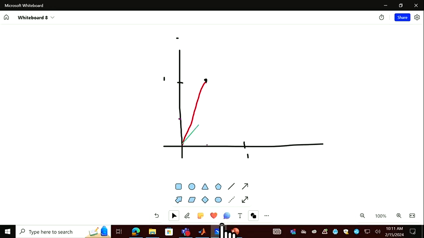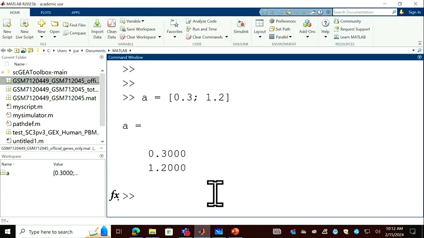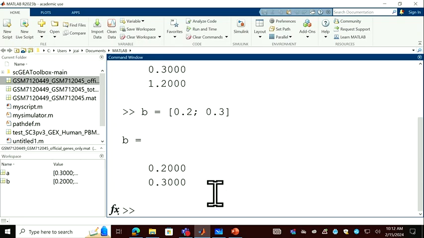So this B, let's see, B is 0.2, 0.3. My first question is whether this B has been normalized or not. I want to use normalized B for my convenience, so I don't have to divide by the norm of B whenever I multiply it by A. So the first question for you is whether this B has been normalized.